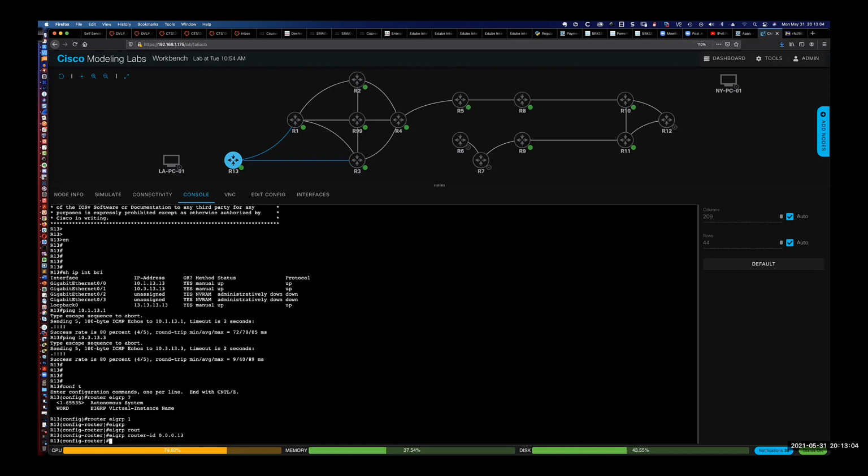So the link state routing protocols that are out there that we're interested in are OSPF, and then there's intermediate system to intermediate system, or IS-IS.